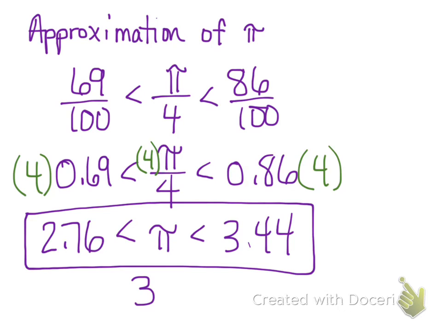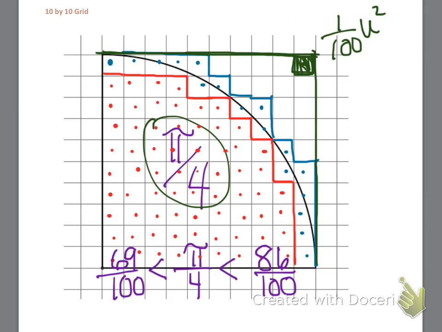What we generally use for pi is 3.14, which is definitely in between these two boundaries, greater than 2.76 and less than 3.44. Okay, so I could say definitely I've proven that pi has to be between those two numbers by my counting strategy here.